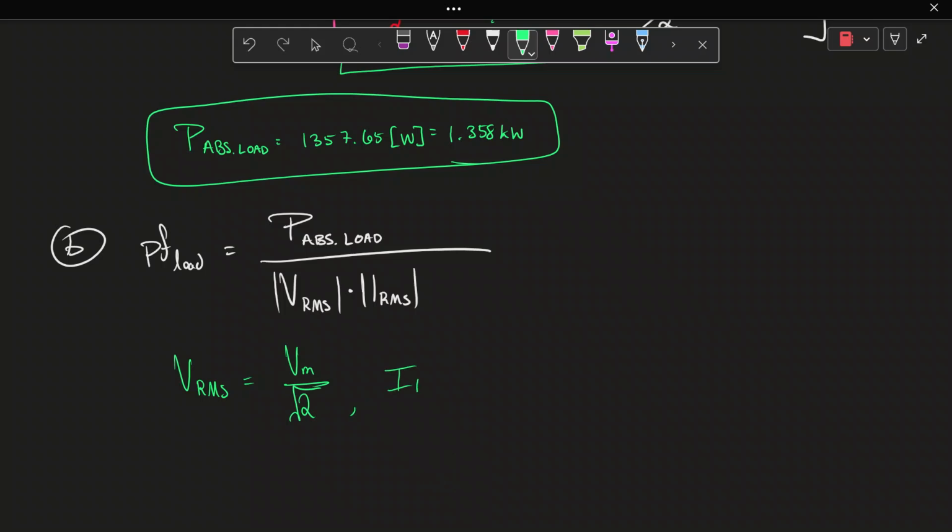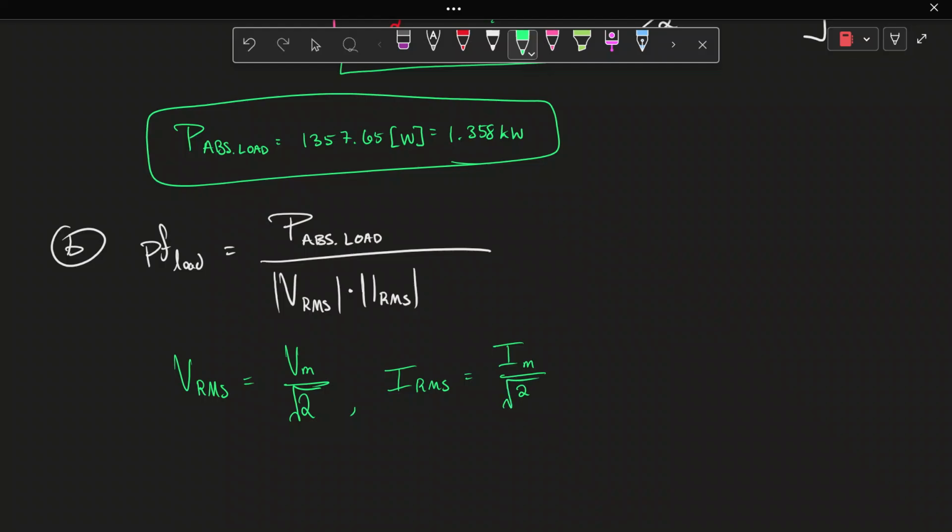Same thing for current. Sorry, this is supposed to be square root of 2. This is only for one term.